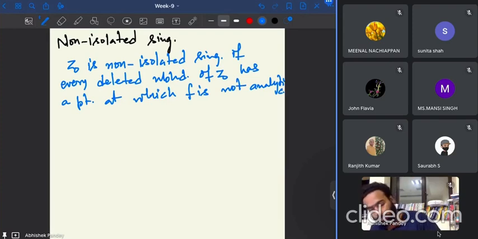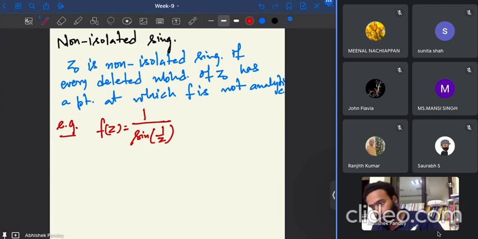For example, one can see f(z) is 1 upon sin(1/z). What can we say about this singularity? Let us talk about z equals 0.